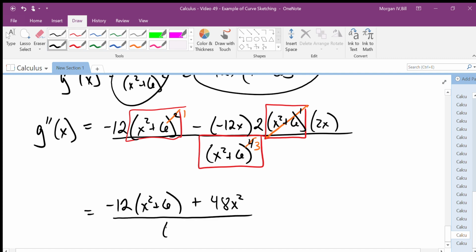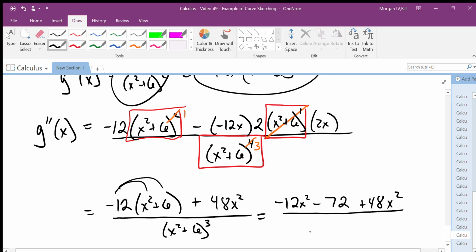And then in the denominator, x squared plus 6 to the third. It's already looking better. Okay, distributing the negative 12 here and here, I have negative 12x squared minus, what is that, 72? It's 72. Plus 48x squared over x squared plus 6 cubed.